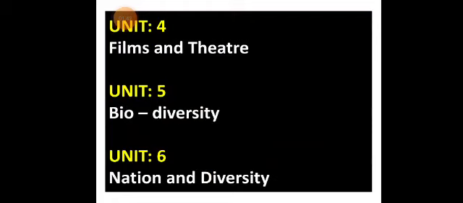Fifth unit is about biodiversity. And the last unit, that is unit number 6, is about nation and diversity. We shall try to understand the meaning of every theme when we deal with that particular unit.